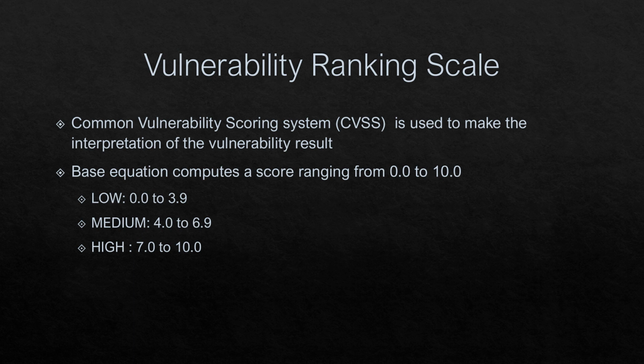With a little bit of an equation, they come up with a scale ranging from 0.0 to 10. For low, it is from 0.0 to 3.9. For medium, it's from 4.0 to 6.9. And for high, it's from 7.0 to 10.